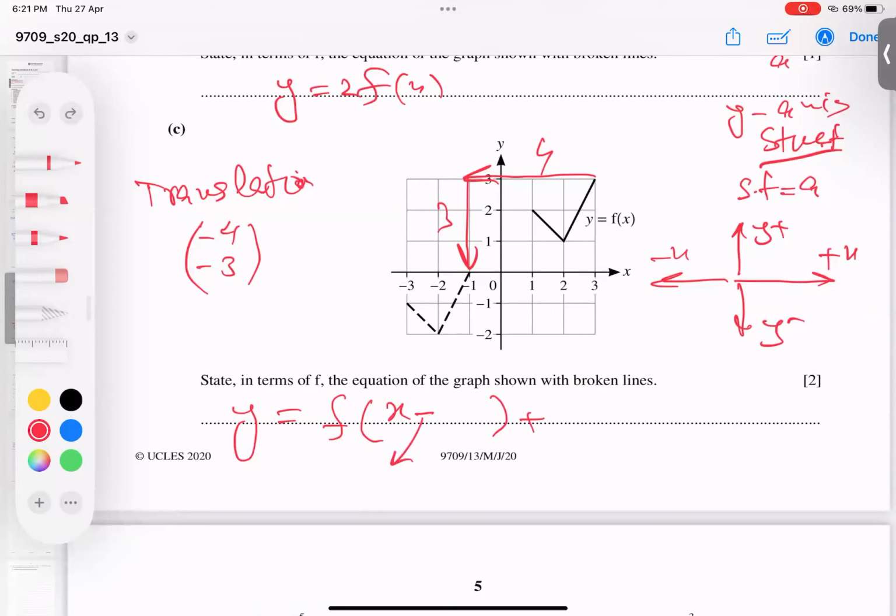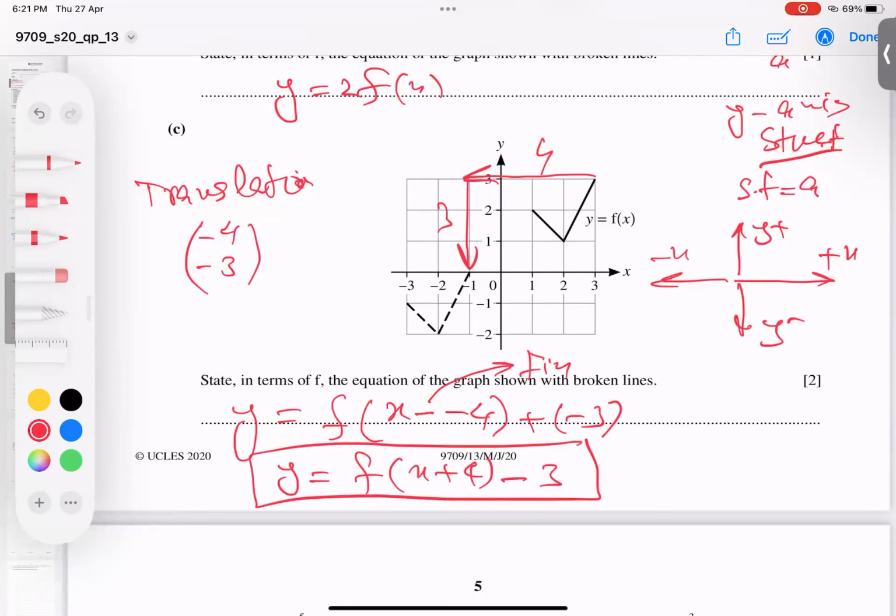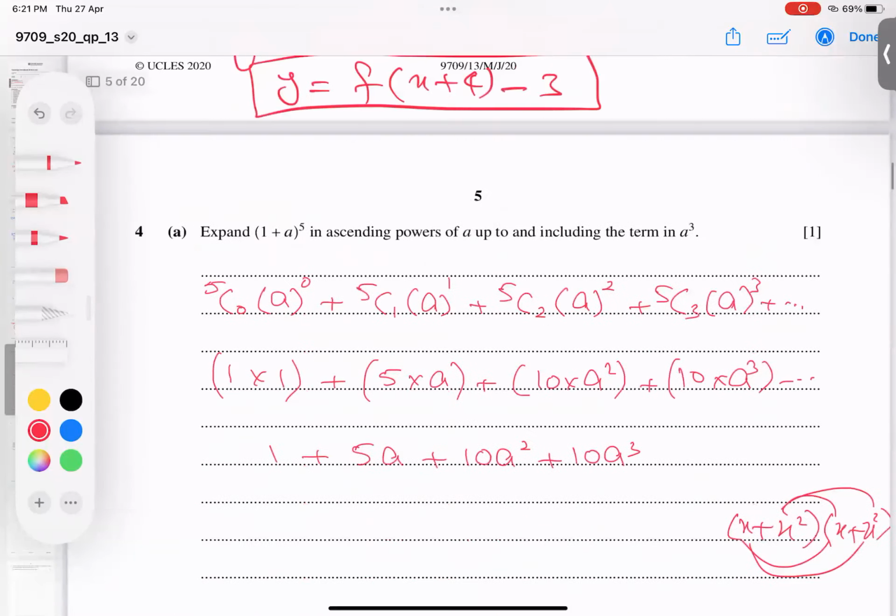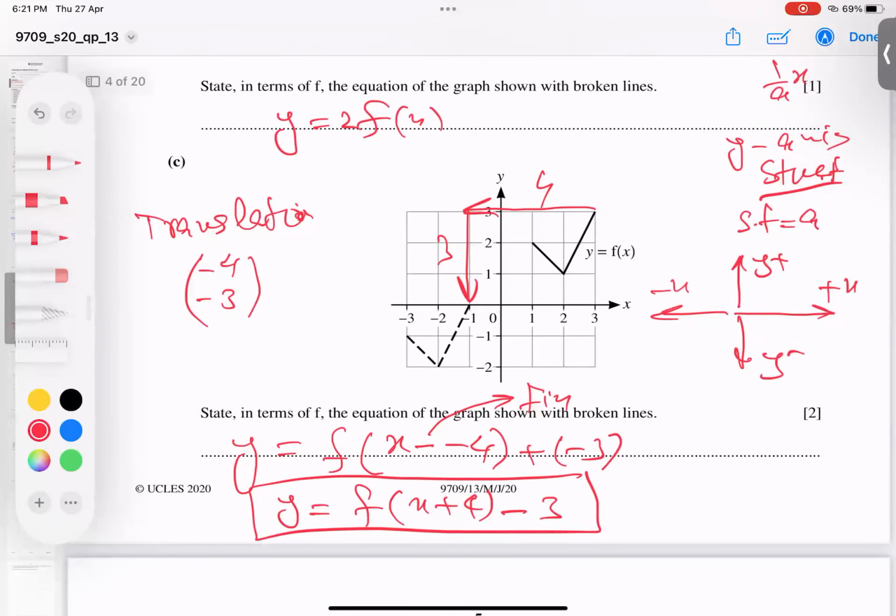Repeat my words: this minus sign is fixed. When I plug in -4 here and -3 here, finally the answer is f(x plus 4) plus -3. This is my final answer. I hope you got the concept clear, and let's go for the next question.